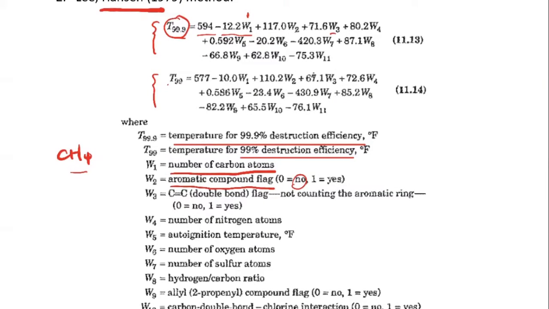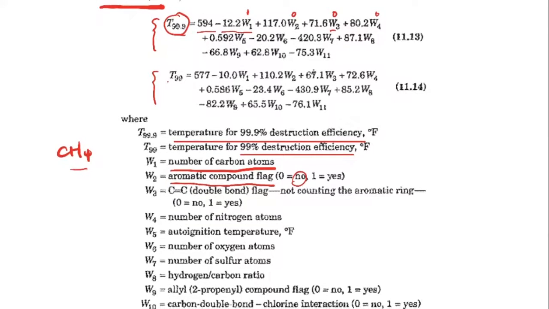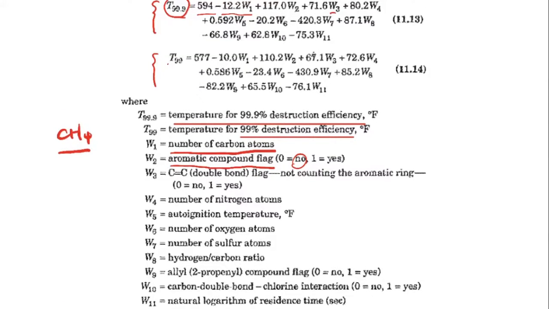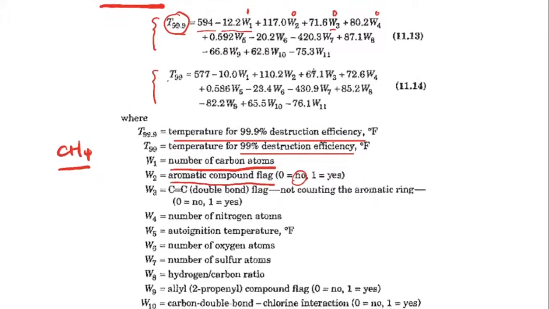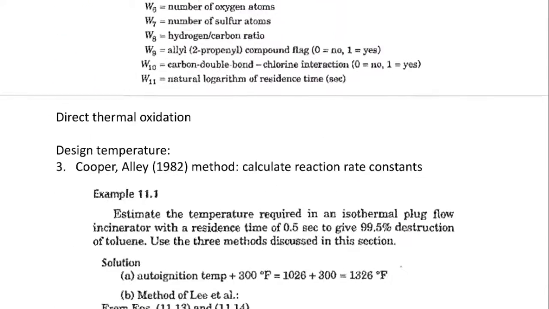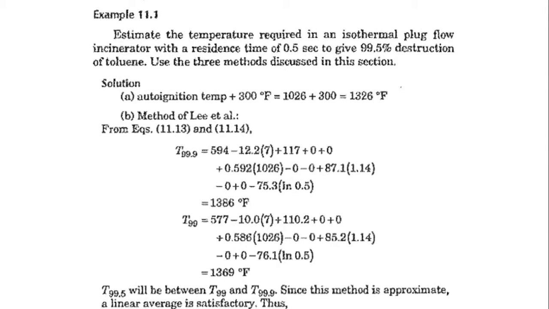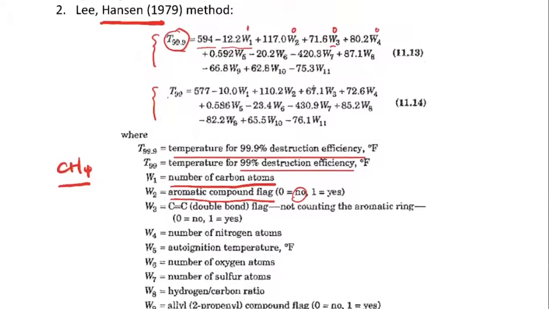Methane doesn't have this double bond here, okay? W4 is the number of nitrogen atoms, and so on and so forth. For each term here, you can find out its meaning. So you can just refer to the chemical formula to fill in these parameters and calculate the temperature for this thermal oxidation. Okay, so there's an example problem for using this Lee-Hansen method.